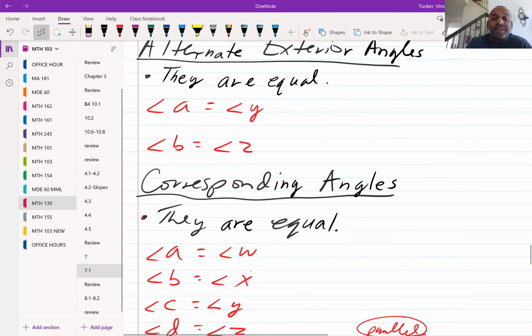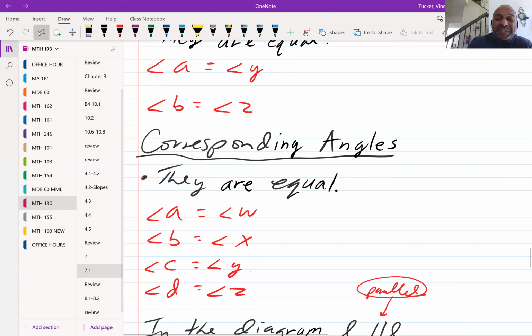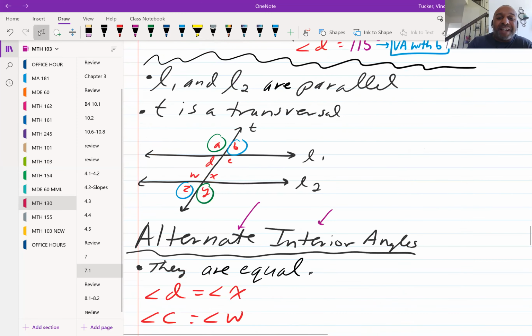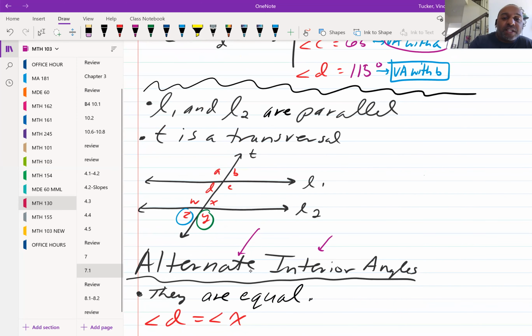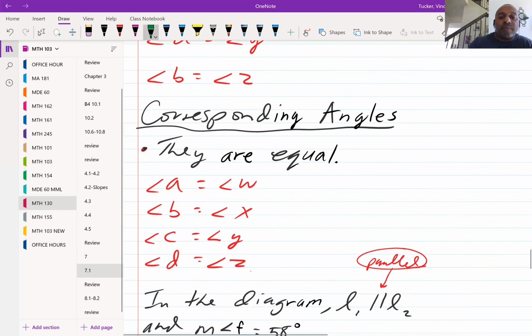Oh, y'all good? Everybody? Yes, sir. You told me to hold on, then didn't tell me you were ready. So we've got corresponding angles. Just going back, what this means is that you have a cluster of angles here, and they're mirrored right here. So that means A and W, B and X, Z, D, Y, C. You're just saying that that cluster is mirrored down there. So they correspond to each other.